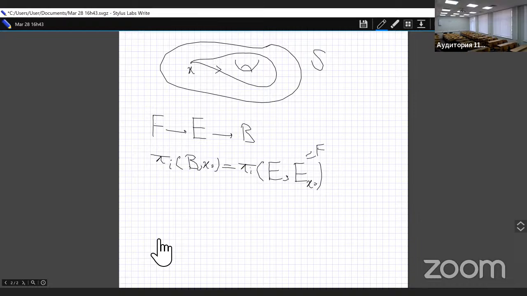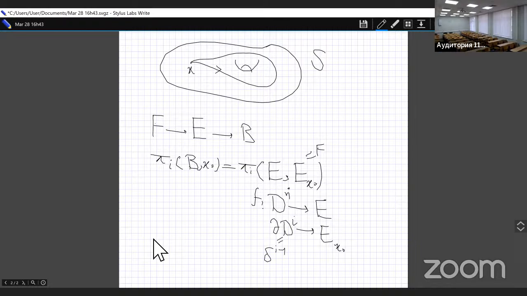So it means that this thing is all maps from the disk D^i such that the boundary of D^i goes to X. The boundary of this is just S^(i-1).